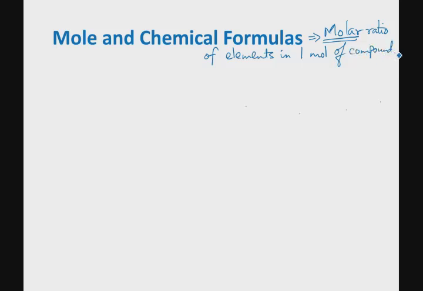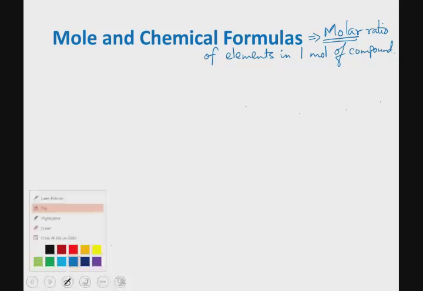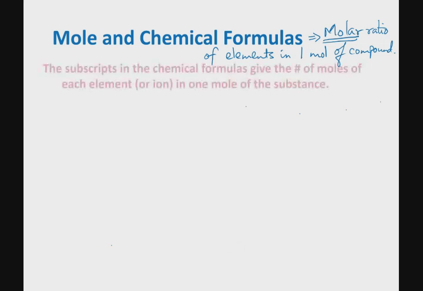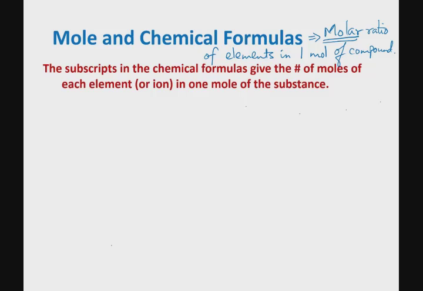And that is why the subscripts will be very useful in calculations involving this idea. So from now on, please remember that whenever you look at the subscripts, we are thinking about molar ratio.